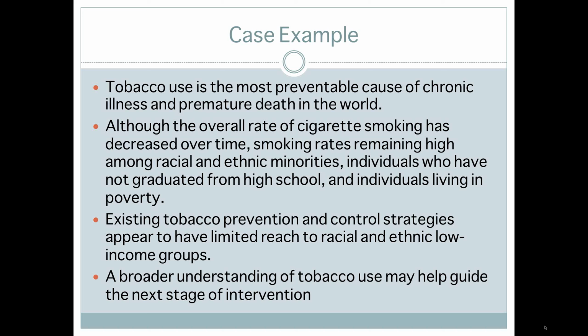By having a broader understanding of the determinants of tobacco use, it may help us identify additional interventions that can be used to make sure that these decreases in use go across the entire population and don't leave certain subgroups behind, which is shown as a health disparity or health inequity.